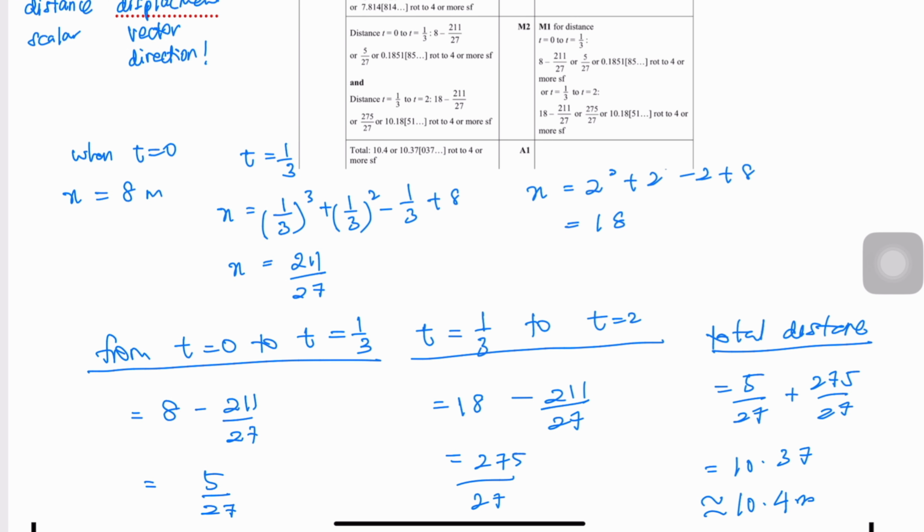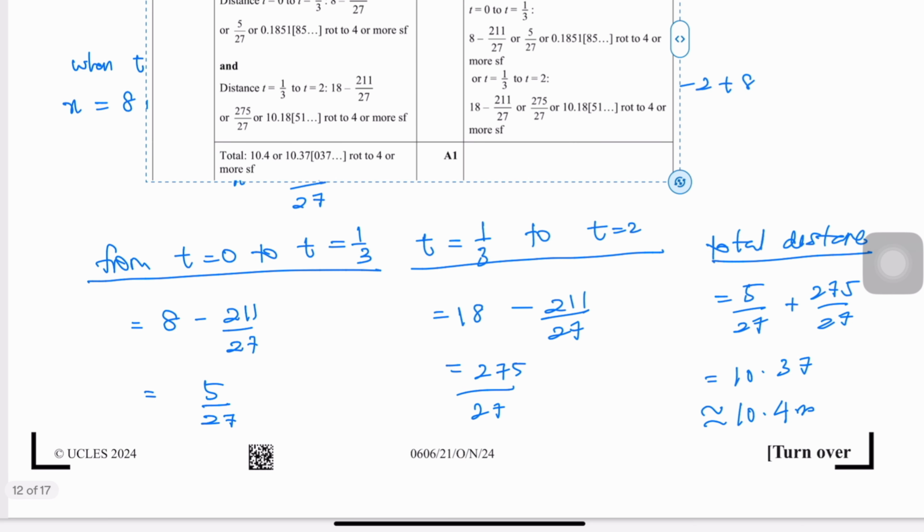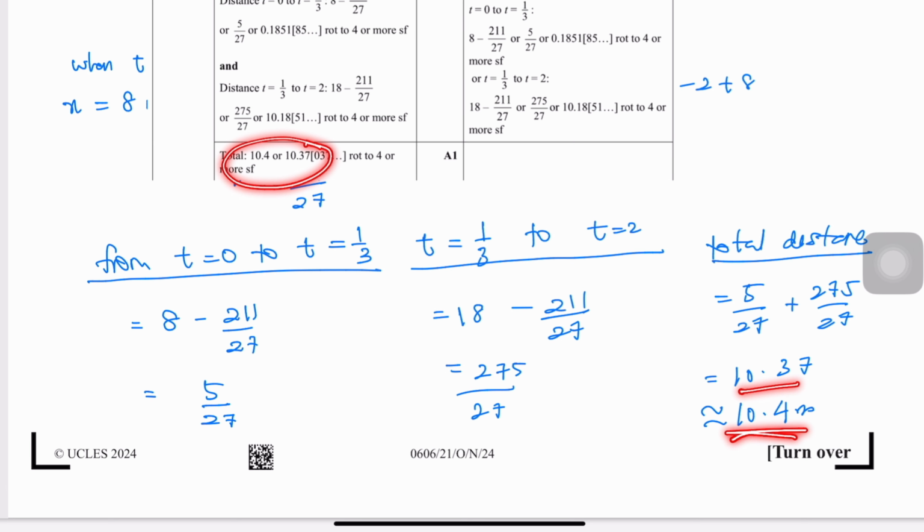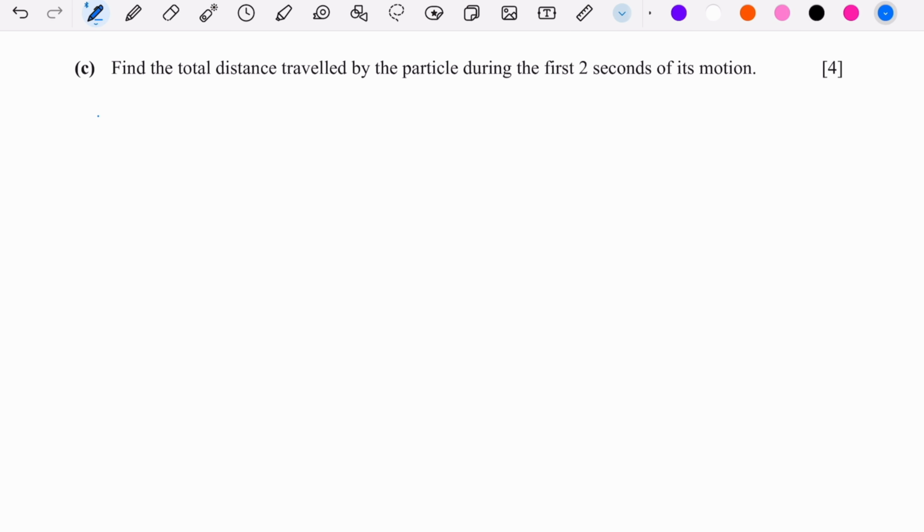Then whatever we have, we need to minus 8. For the second part, 18 minus 211/27. To get the total distance, we just add them up: 10.4 or 10.37. So 4 marks here. Okay, there's another alternative method.